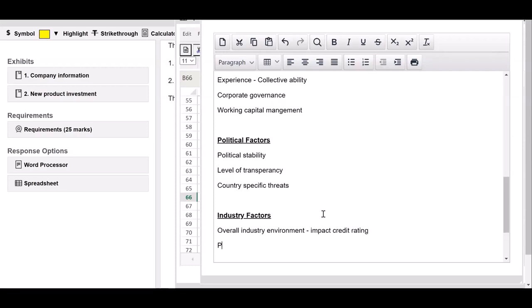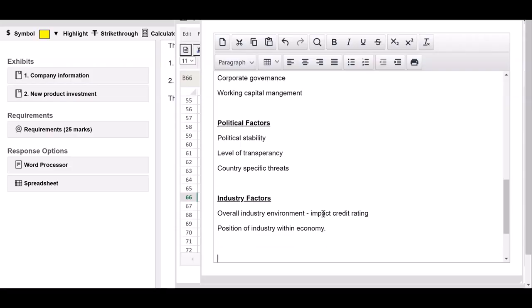What is the position of the industry within the economy? That is just one part of it, and the other thing is what position the company maintains within the industry. So the industry in the economy, the company in the industry.